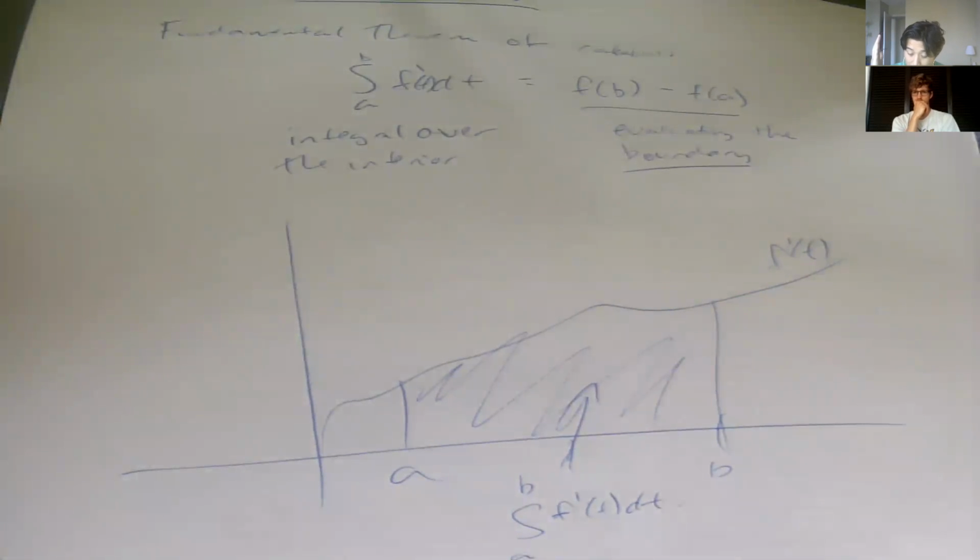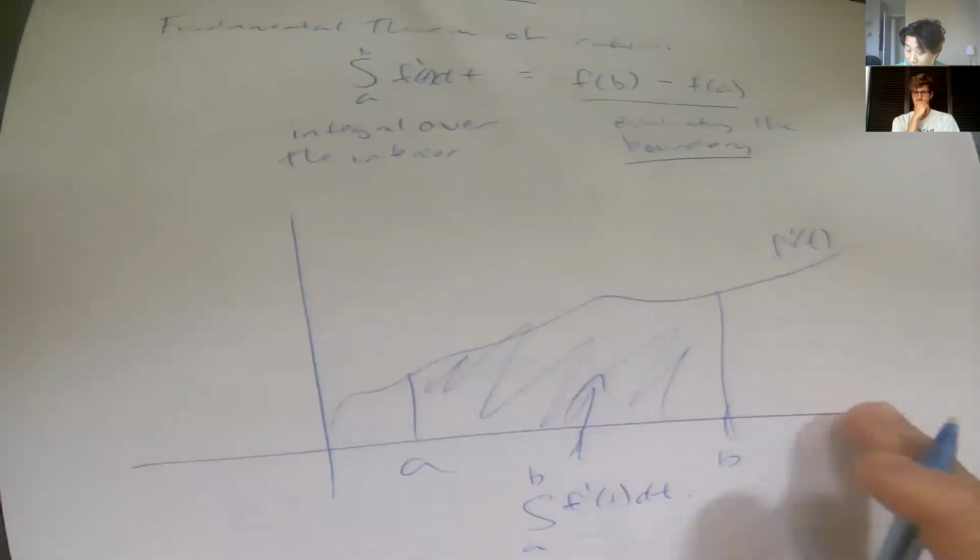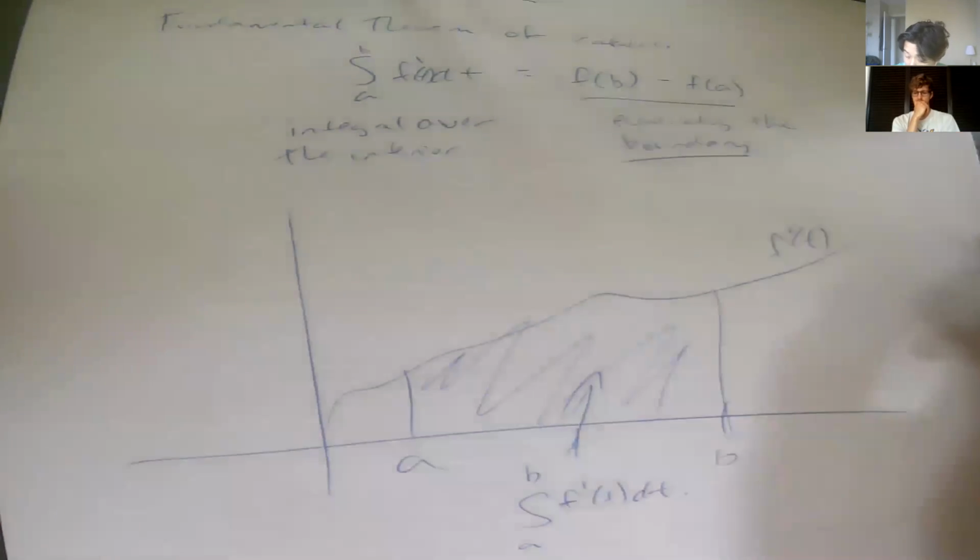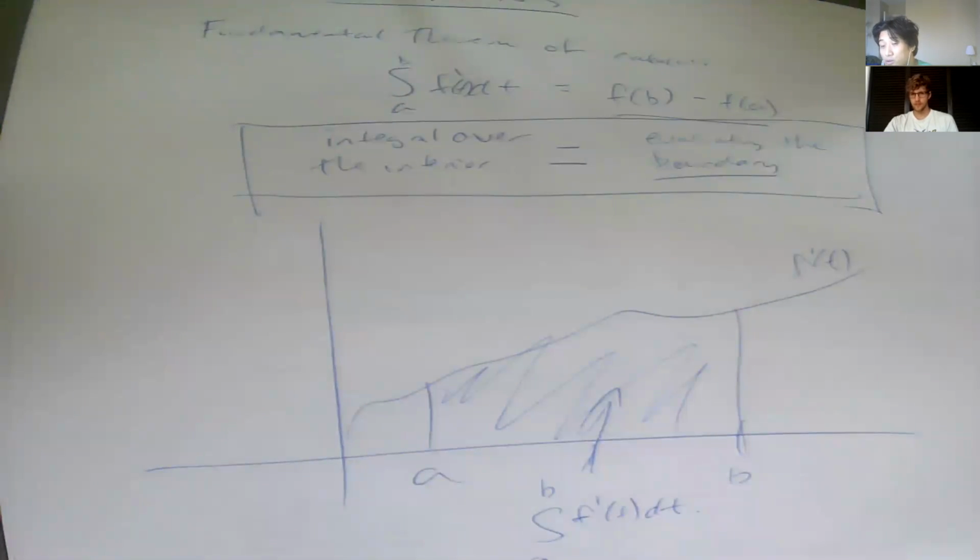It evaluates the integral on the interior and converts it to a quantity on the boundary. And I'm going to write that right here. This is what the fundamental theorem of calculus essentially does. This is what all fundamental theorems of calculus will do, whatever object you're talking about, in whatever dimension you're talking about.